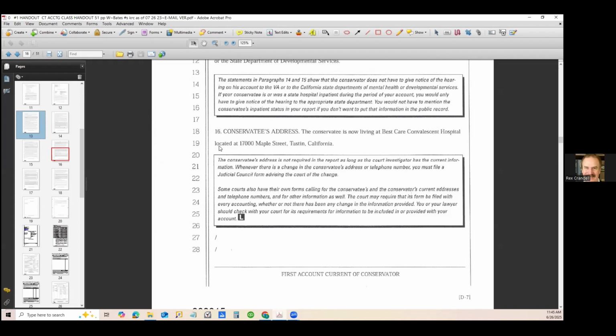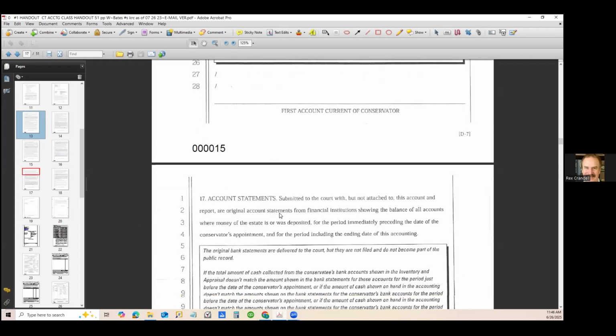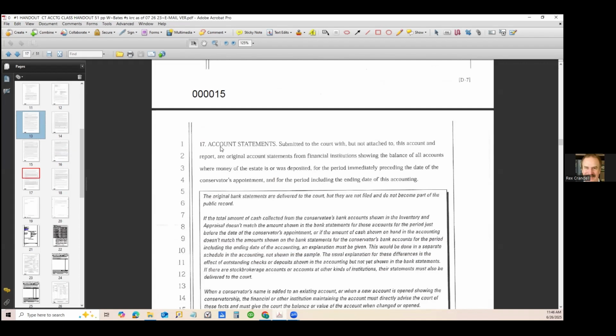And other times, I may state the address. Sometimes if they're at their own residence, I will just say they're located at their personal residence and I won't repeat an address, only because I'm trying to make sure I keep the conservatee safe a little bit. So I will state that.